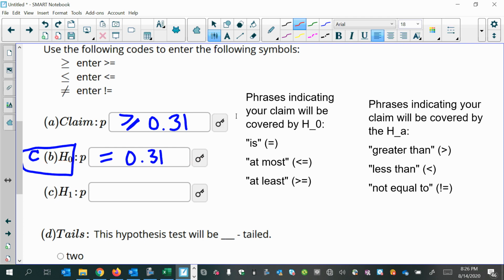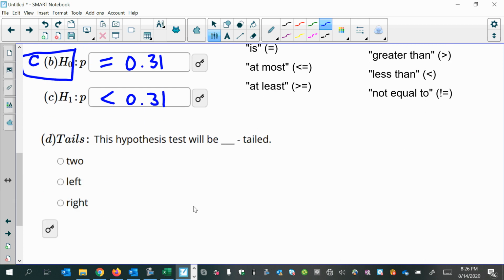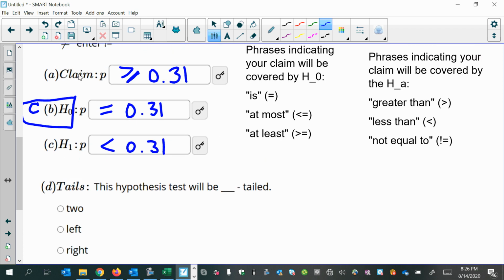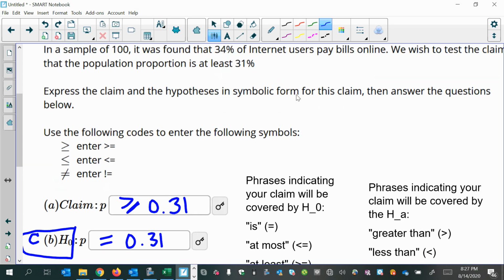My alternative hypothesis is the complement of the original claim. And that's only because my claim fell under the null. If there was no equivalence, then I would not use the opposite direction sign here. I would use the same sign as my claim, but only if there's no equality, right? Only if it's a greater than, less than, or not equal to statement in the original claim that I'm testing.